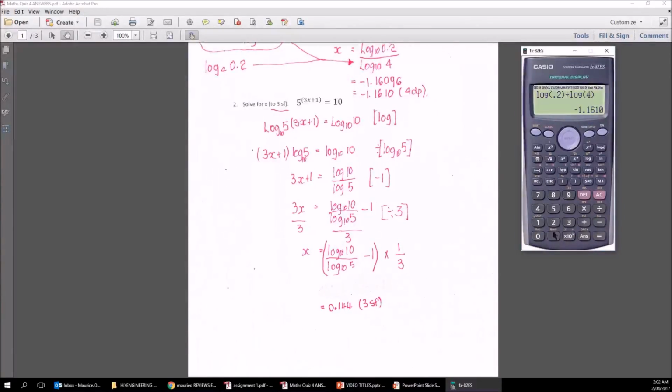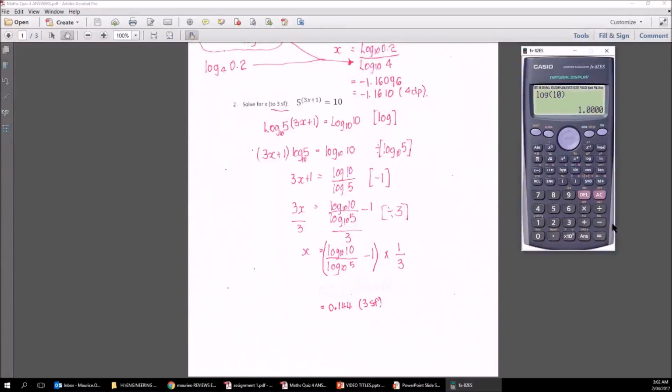So first of all, we're going to go log to the base 10 of 10, close the brackets, and if we just, out of interest, I'm just going to go equals there, that's equal to 1. Okay, log to the base 10 of 10 is equal to 1.